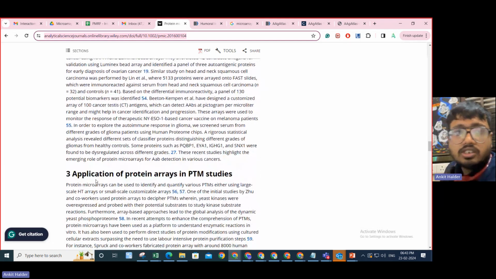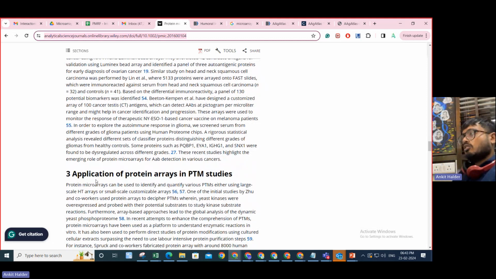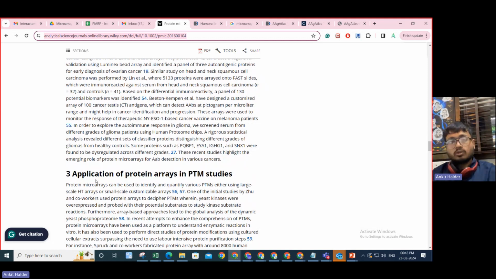So not only in autoimmune diseases, but these autoantigens or autoantibodies also play a huge role in cancer research and cancer-based studies, where you can get markers for early detection.